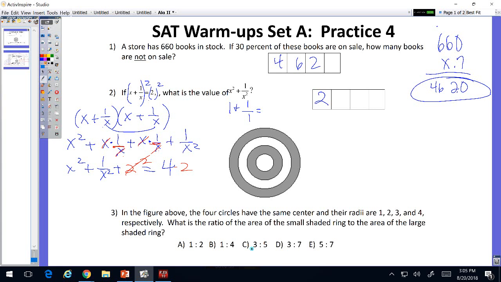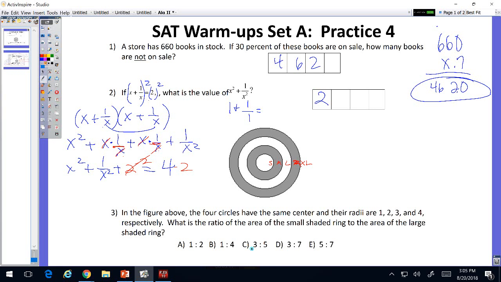Okay, the last one. We want to do the ratio of this inner shaded part to the outer shaded part. To get the shaded, we're going to have to do some subtraction of circles. Do you see 4 circles? A small, a medium, a large, and then an extra large.